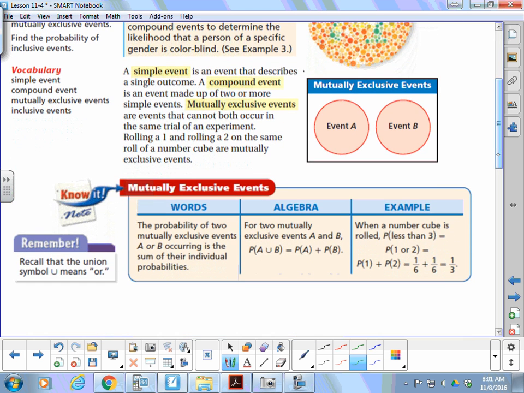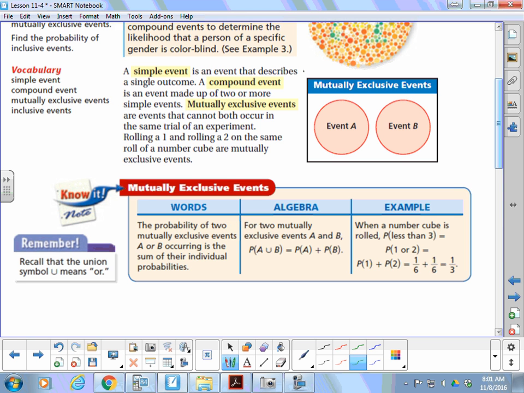So when we think about mutually exclusive events, they cannot happen at the same time. If we look at this Venn diagram here, with event A and event B in it, there's no interconnection between them. They do not intersect because those two things can never happen at the same time. They're completely separate.